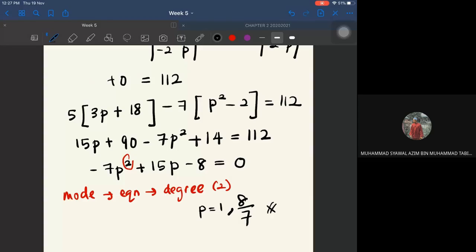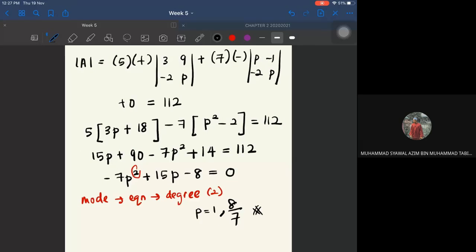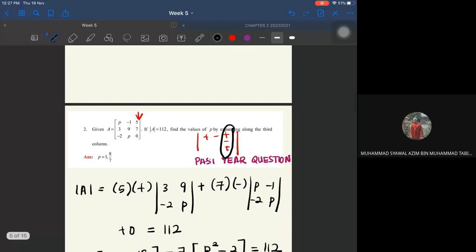Okay. So bila you buat nanti, contoh kalau soalan tu soalan absolute solution ke ataupun soalan objektif sekalipun, when you have the value of P, you substitute back into this one here and cuba you cari determinant. Dapat ke tak nilai ni? So kalau dapat, maksudnya P awak tu betul lah. Okay. Kalau tak dapat, maksudnya nilai P awak tu salah lah.